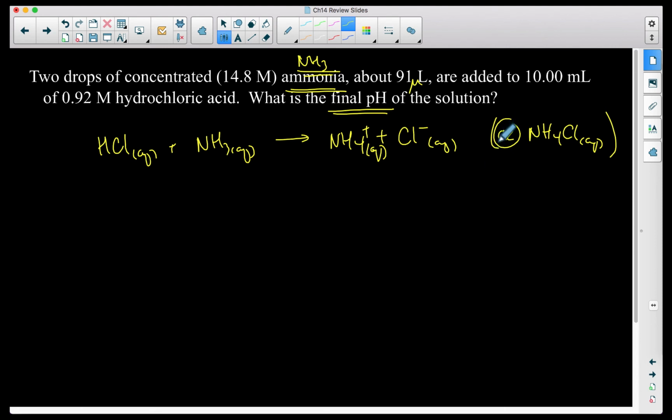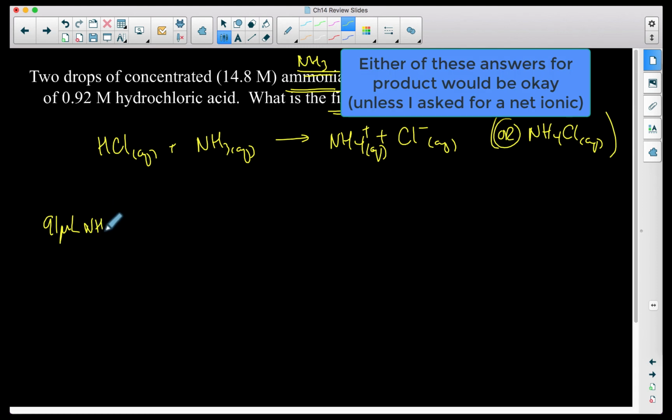So if we check, it is balanced, a 1-to-1 ratio, and so now we just need to figure out which is limiting and which is excess. So if I have 91 microliters, let's start there. So 91 microliters of my NH3. I know that for every 10 to the 6th microliters, I have 1 liter.